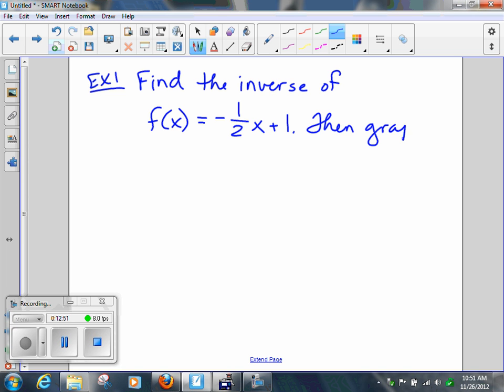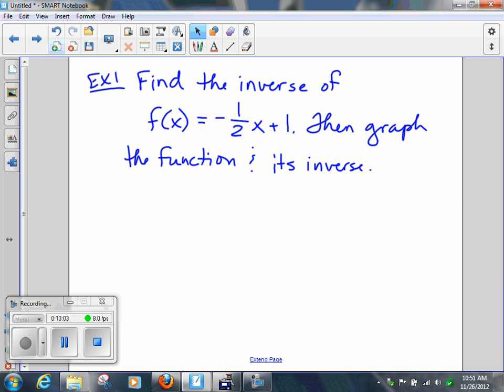And then we're going to graph the function and its inverse. Okay? So we're going to look at the function f of x is equal to negative 1/2 x plus 1.